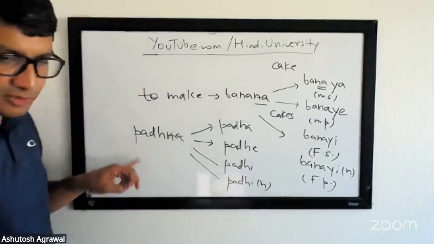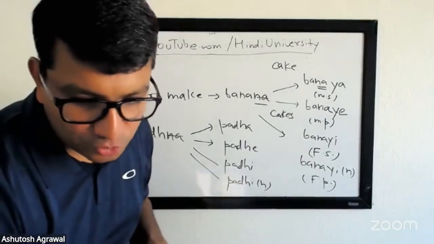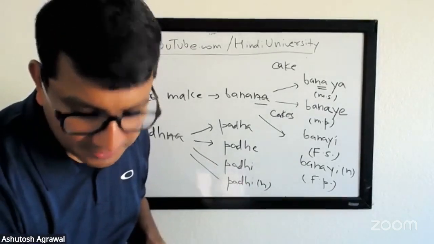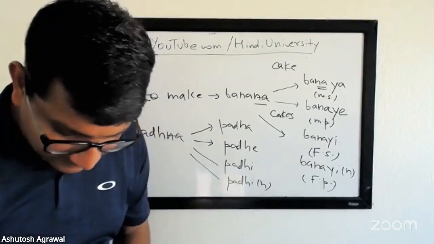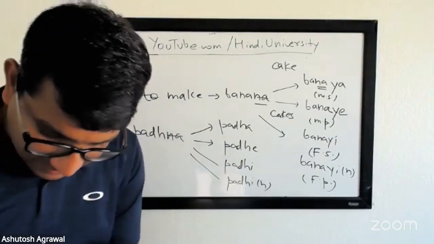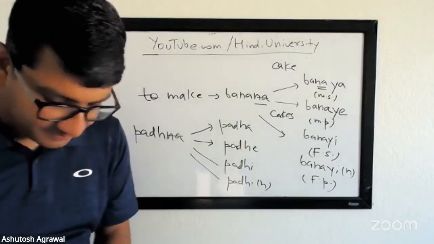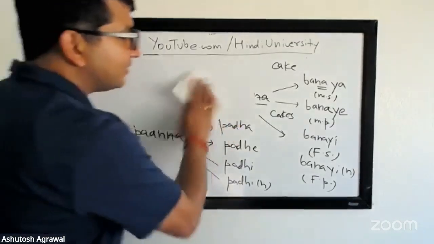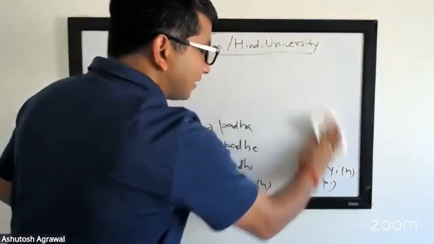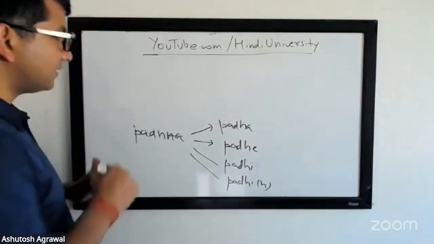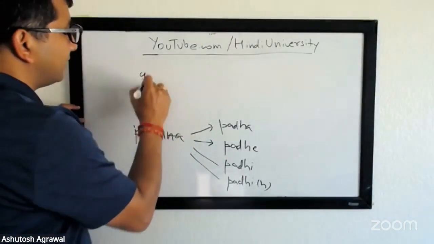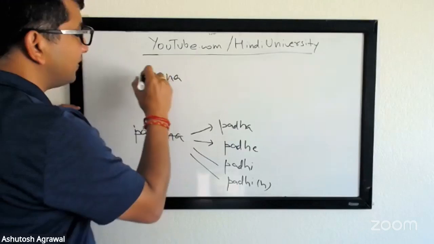Let's do one more, Linda ji. Take any verb of your choice. I'm going to show my list. Why don't you take any verb? Yeah, gana, very good. So I'm going to write it down. Gana is a verb as well as a noun.